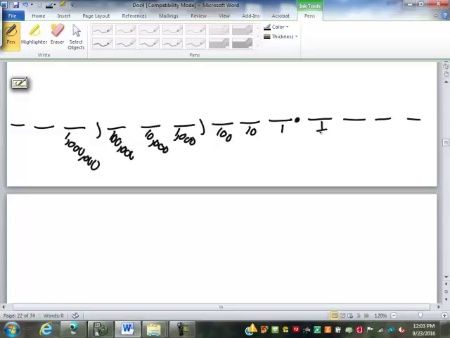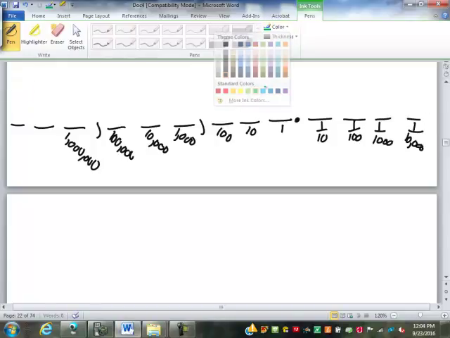Going this way, it's the 1/10ths, the 100ths, the 1,000ths, the 10,000ths, and so on. You can see as I move either one spot to the left or one spot to the right, I'm always either multiplying by 10 or dividing by 10.